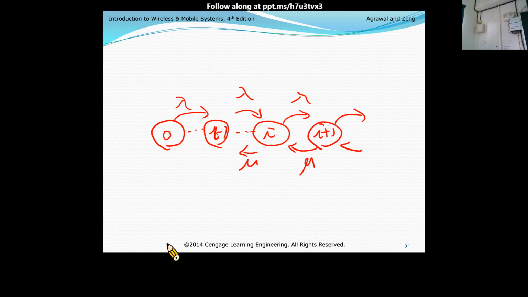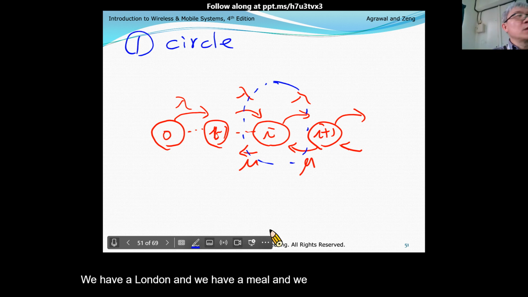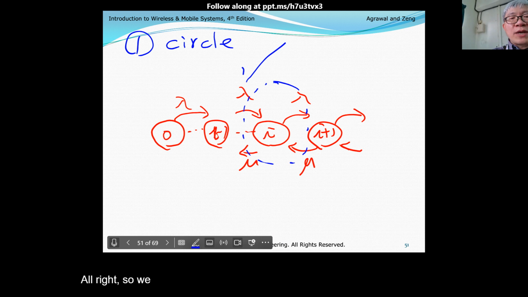If so, then how to have the balance equation? Actually, for the current result, we base on this, a circle. Approach 1 uses a circle. With a circle, how to have the balance equation, or maybe the equilibrium equation? In fact, we want to check the rates. Actually, these are rates, and I didn't mention the rate.